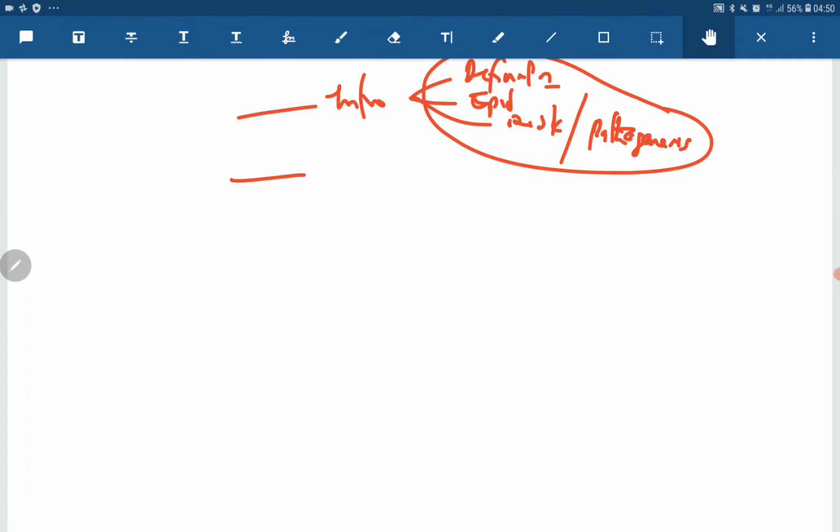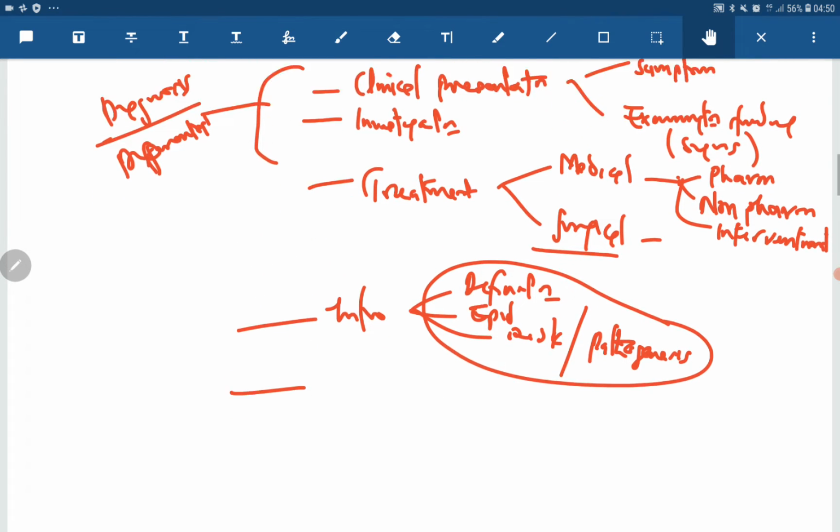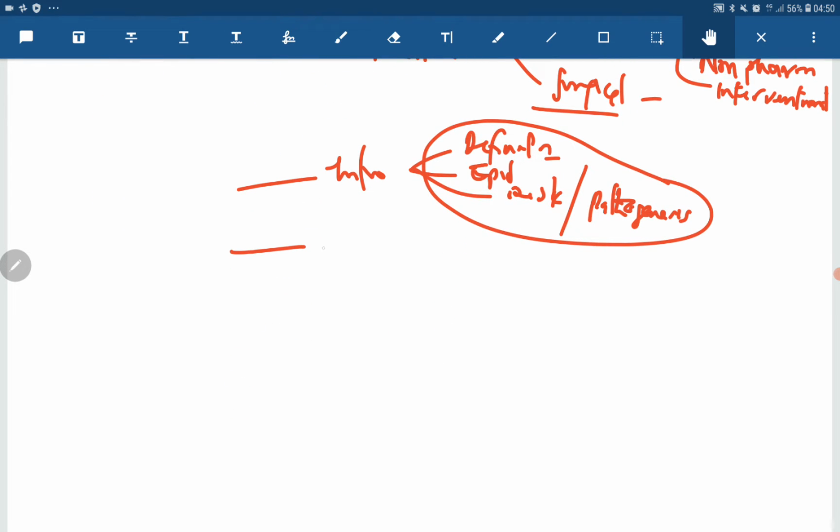So now talking about DKA, we'll talk about the clinical presentation. Now for DKA, what are the symptoms the patient will likely present with? Patient can present conscious or patient can present unconscious, depending on the severity.